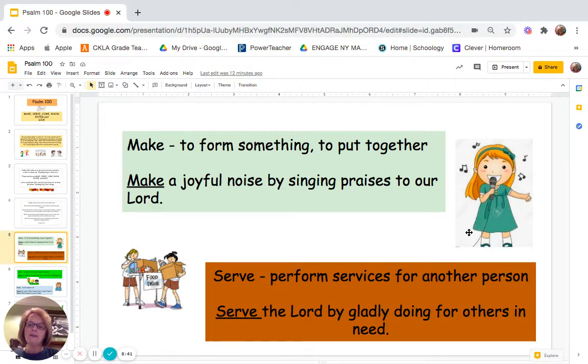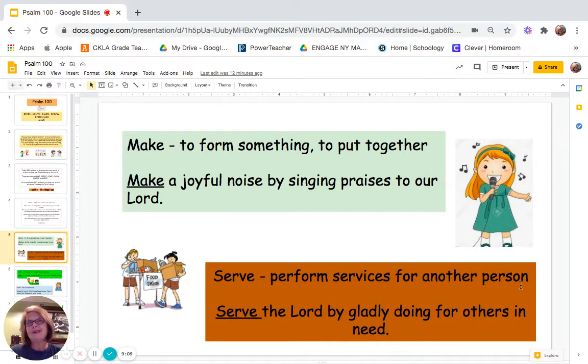Now, when I look at my next word, which is serve, the definition of serve is to perform services for another person. If you go to a restaurant and you order some food, and you're sitting at a table, you may actually have a server who brings your food out to you.